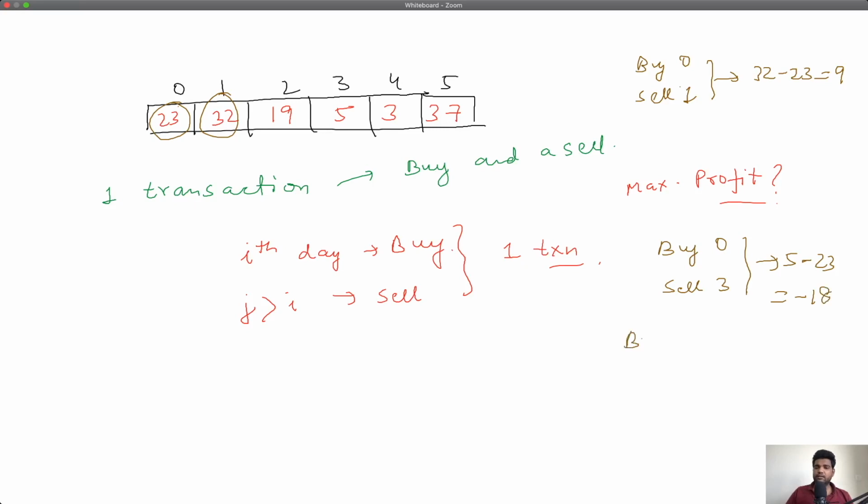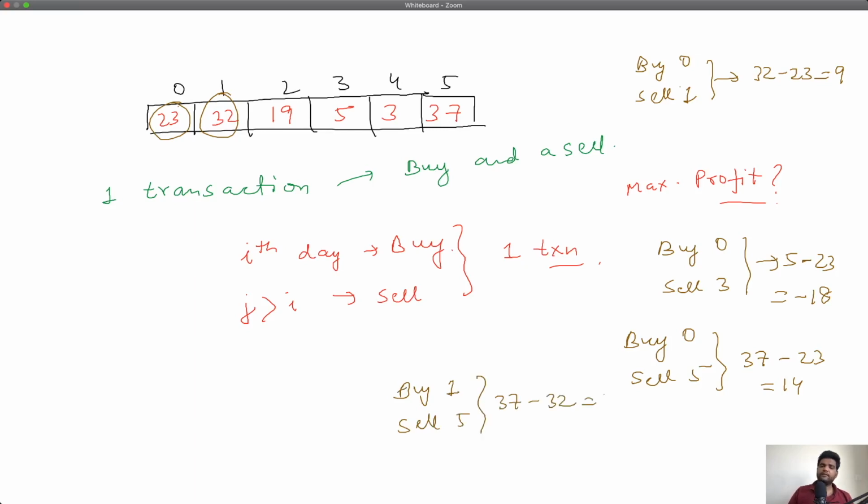If I buy on 0th day and sell on the 5th day, I am making a profit of 37 minus 23, which is 14. If I buy on the 1st day and sell on the 5th day, I am making a profit of 37 minus 32, which is 5. So out of all these profits, what is the maximum profit that you can make? That's the question.